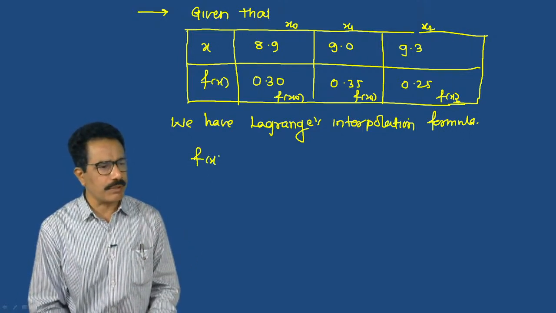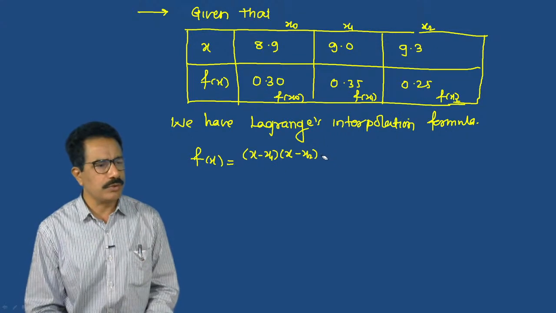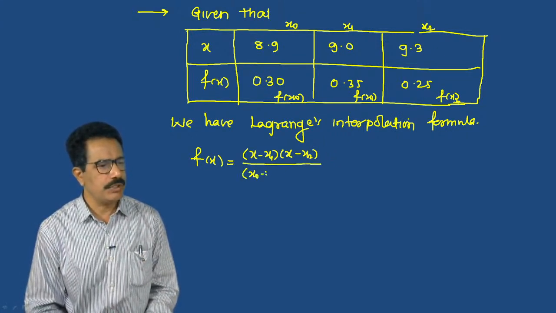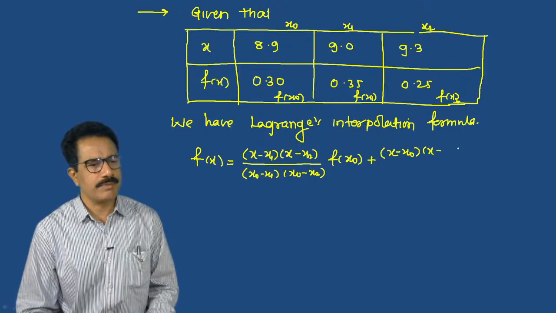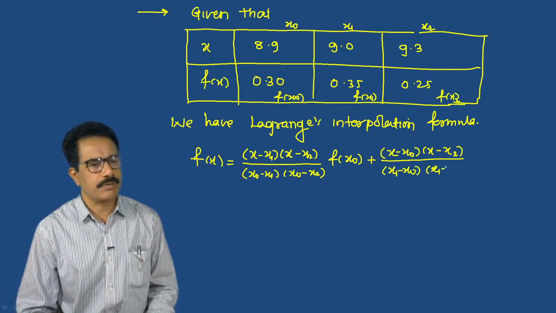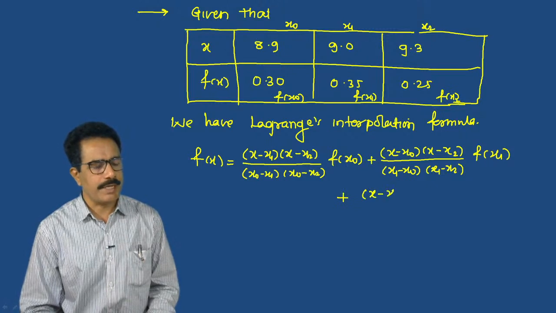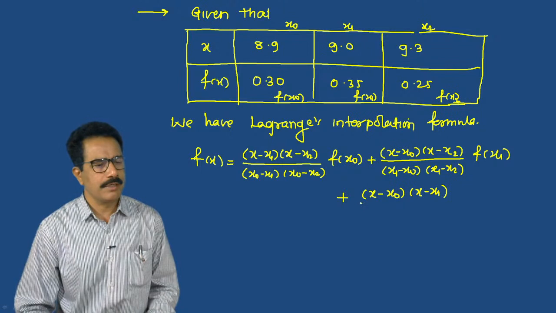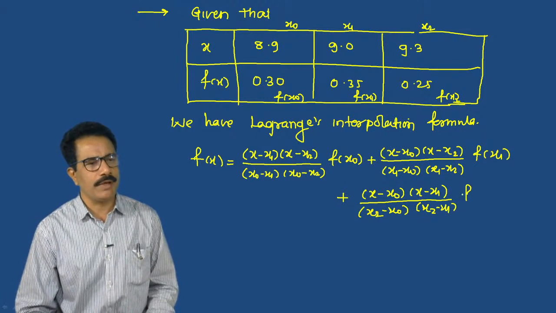Actually, f of x is equal to (x minus x1)(x minus x2), there are only two factors, divided by (x0 minus x1)(x0 minus x2) into f of x0, plus the second term, (x minus x0)(x minus x2) divided by (x1 minus x0)(x1 minus x2) into f of x1, and the third term will be plus (x minus x0)(x minus x1) divided by (x2 minus x0)(x2 minus x1) into f of x2.